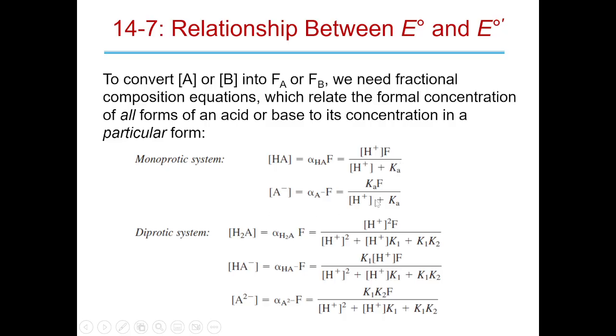And notice these are the exact same ones you saw in the acid-base systems before. You remember that a few chapters back where we had these? They're the exact same ones. There's no difference. This is for the diprotic system, by the way. Anybody have any questions on those?